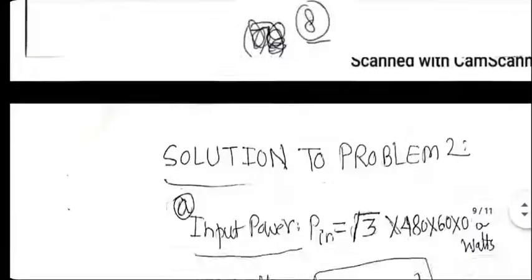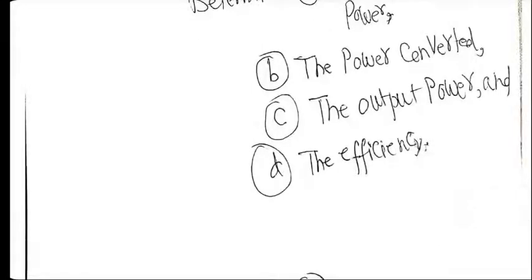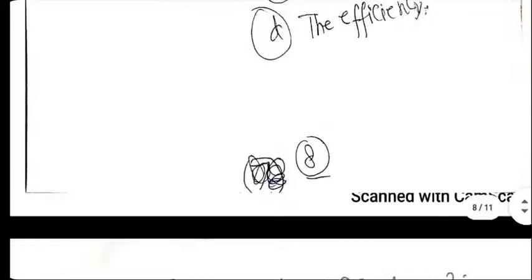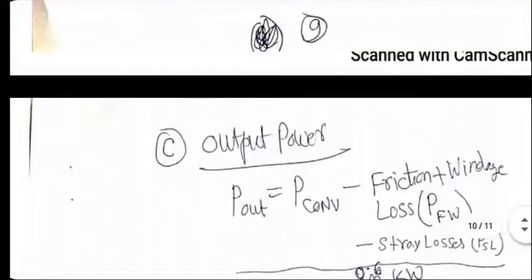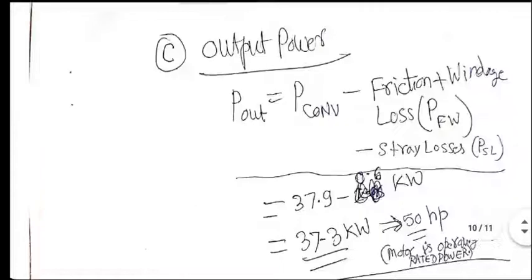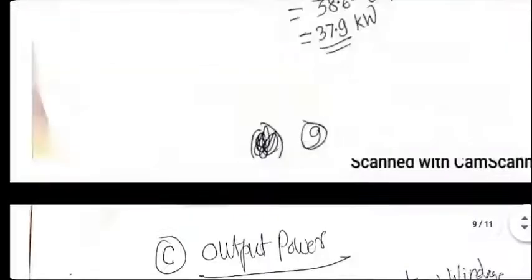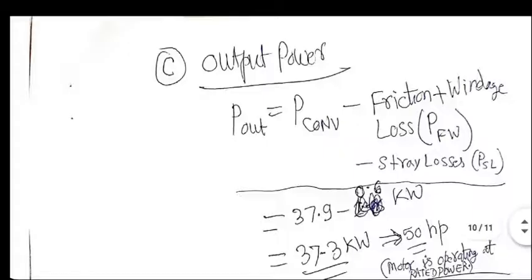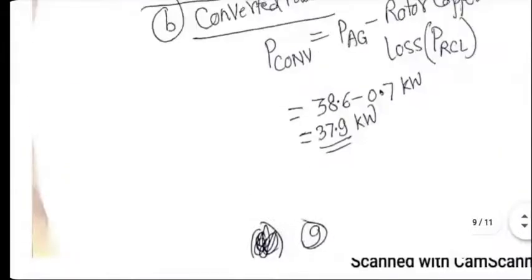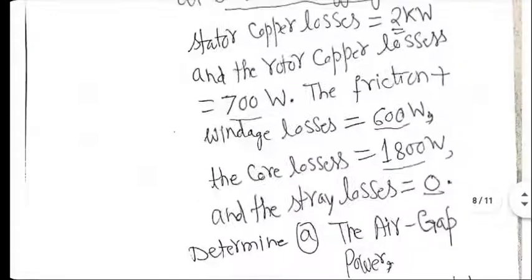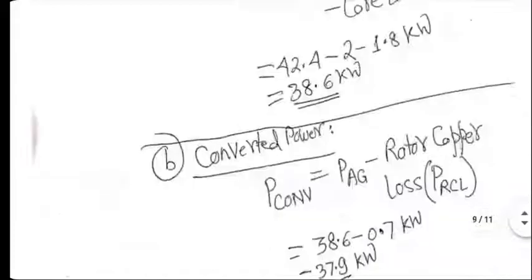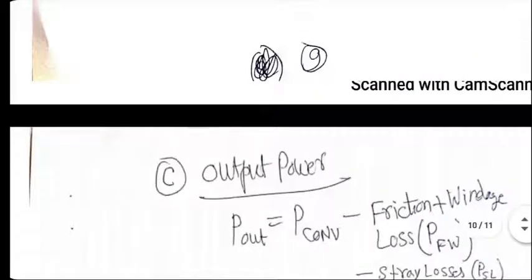Then what? Output power. Well, we have been given the number, but let's look at the things. Output power will be converted power minus friction plus windage loss and minus stray loss, of course. So 37.9 kilowatt minus friction plus windage loss, which is given as 0.6 kilowatt.